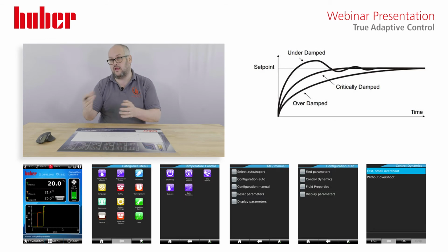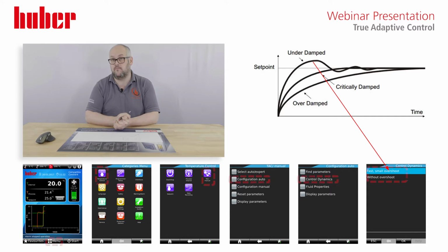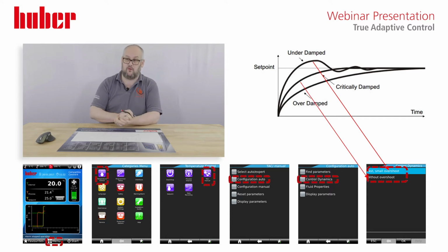We've got option A, which is fast with overshoot, or option B, without overshoot. That should give the system the basic PID settings so that it doesn't overshoot on heating or cooling, and it just hits your set point as quickly as possible.